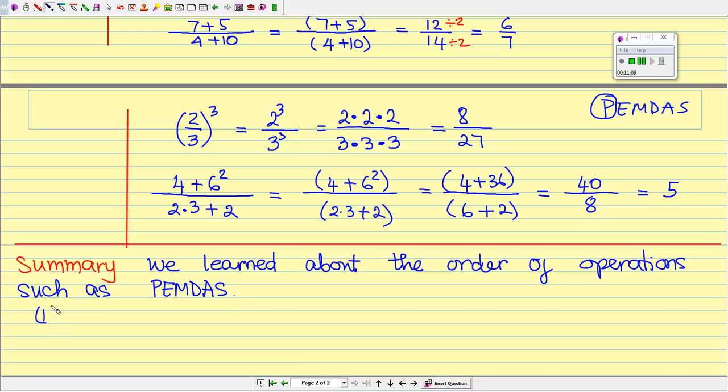Okay, so I'm going to write the shortcut first. So it means first we are going to deal with parentheses. We'll take care of the parentheses. Second, we take care of the exponent.